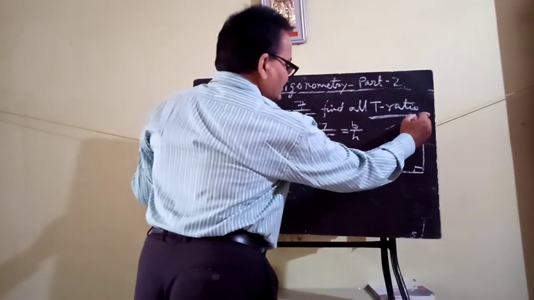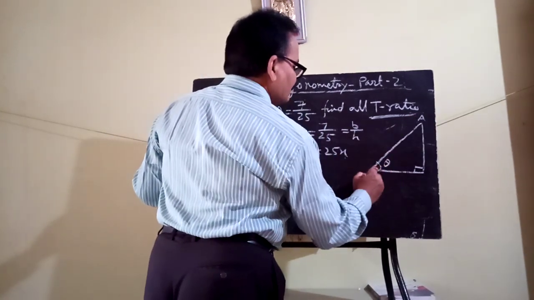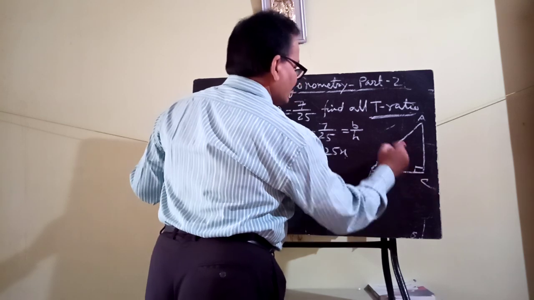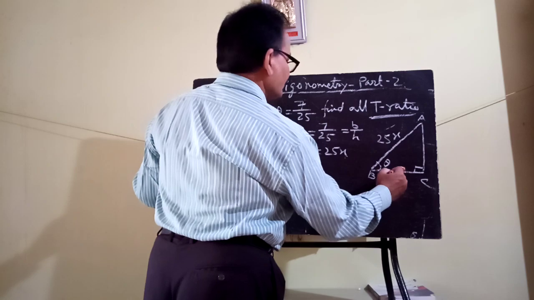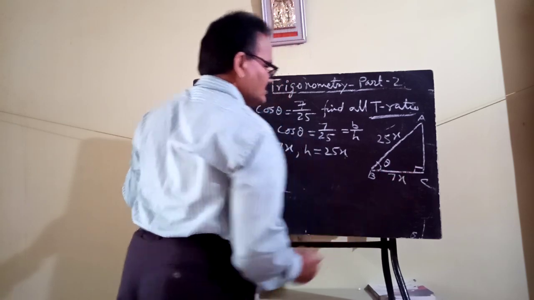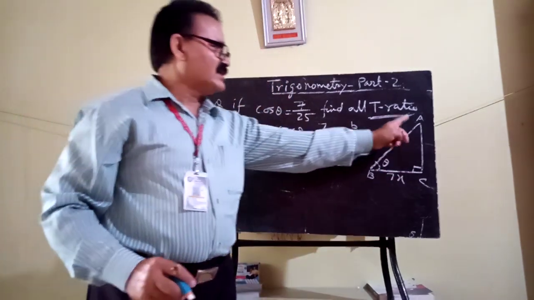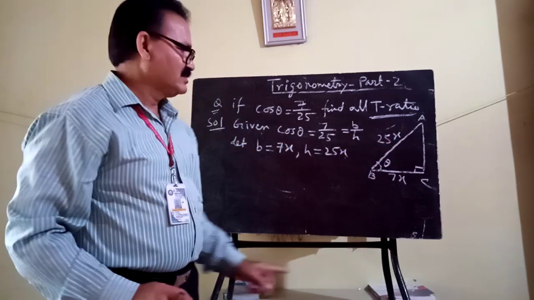If this is your triangle A, B and C, then h is 25x and b is 7x. Your first target is to find the perpendicular.